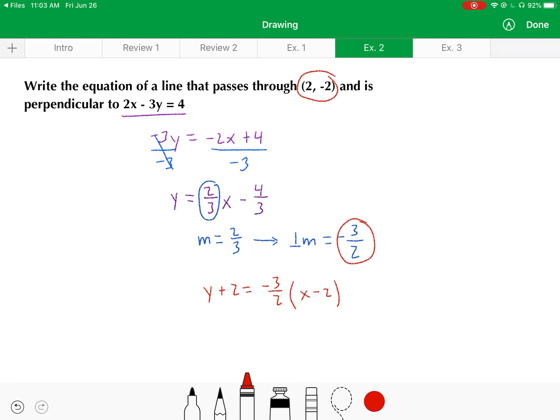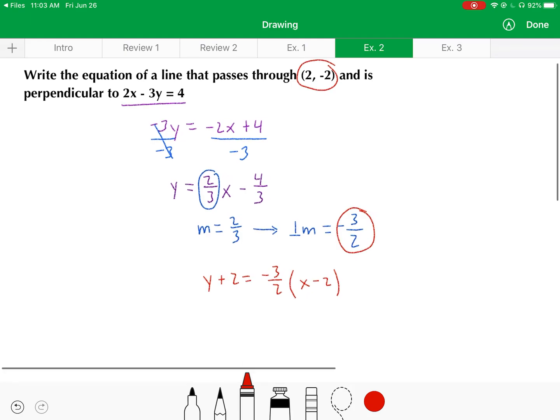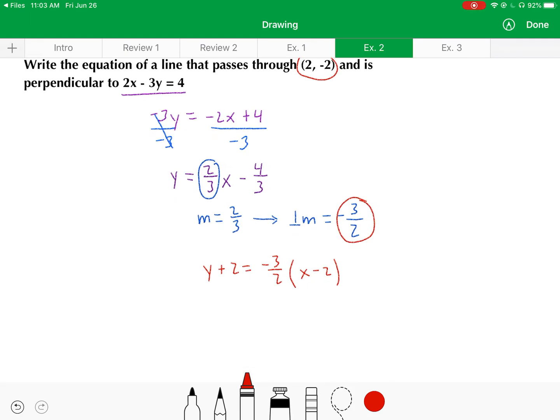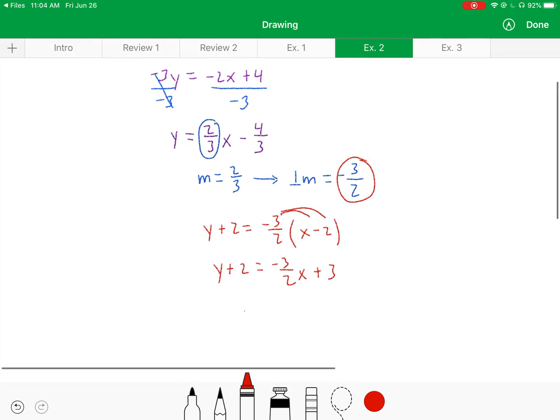Now, point slope form is fantastic, but a lot of times we want the final equation to be placed in slope intercept form. So I'm going to solve this for y by distributing here, then subtracting 2 over. And here we have it.